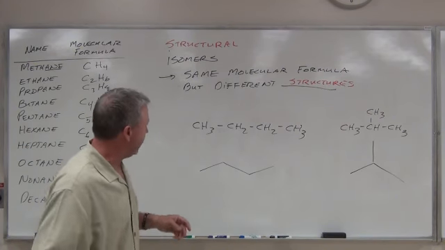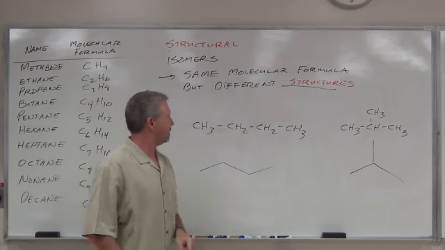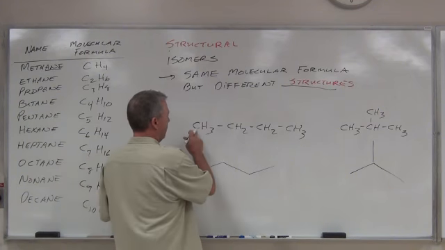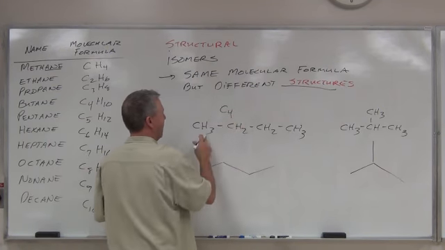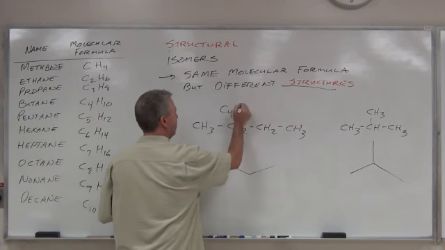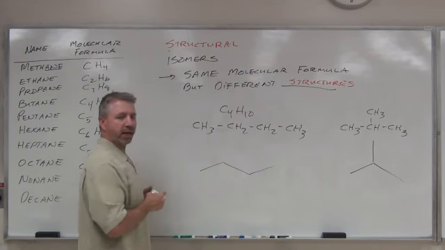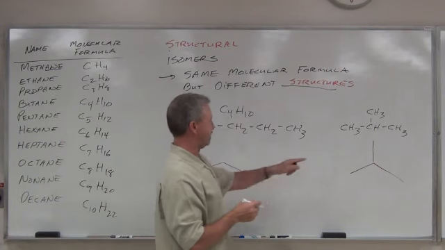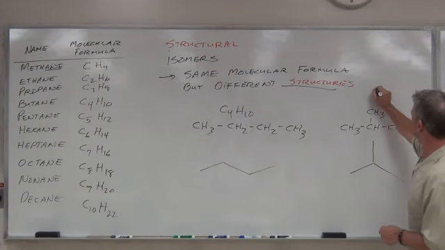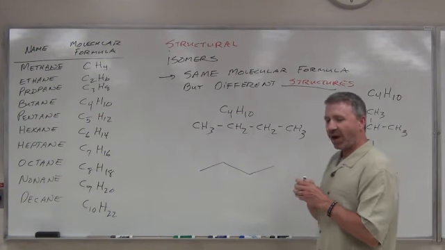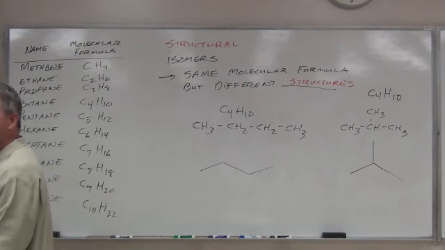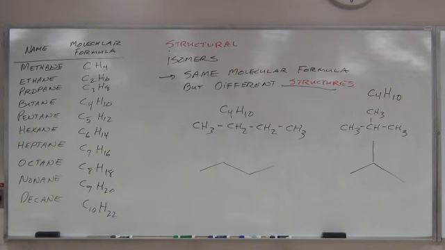So if I look at this, what's the formula? 1, 2, 3, 4 carbons, C4H10, right? What's this formula? C4H10. They have the same formula, but clearly they are different structures.